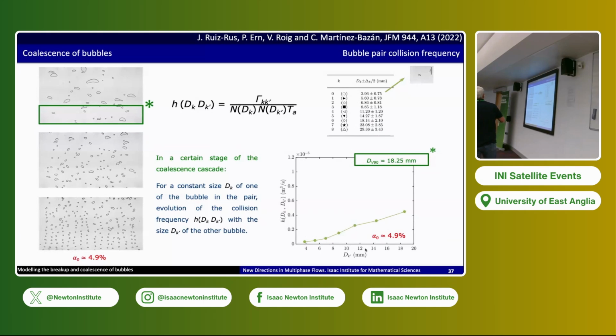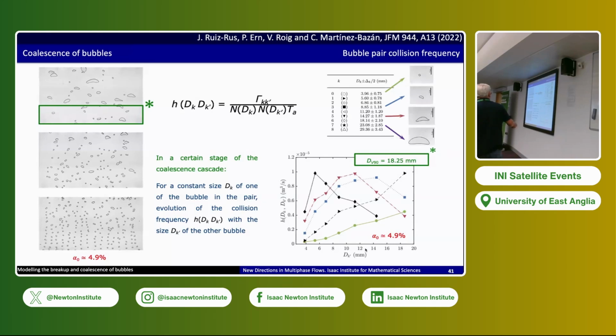If we go to one of these positions, for a characteristic dV90 of 18 millimeters, we see that the coalescence frequency of bubbles of 4 millimeters increases when the size of the other bubble also increases. For a different bubble, about 5 millimeters, it also increases with the size of the other bubble. But as we increase the size of this bubble, the frequency increases and then starts decreasing. Also for larger bubbles, it increases and starts decreasing.